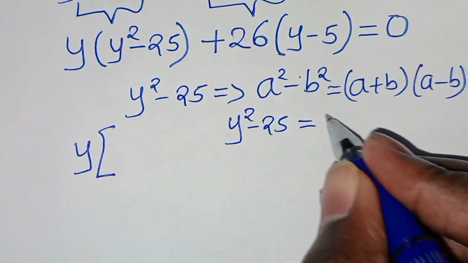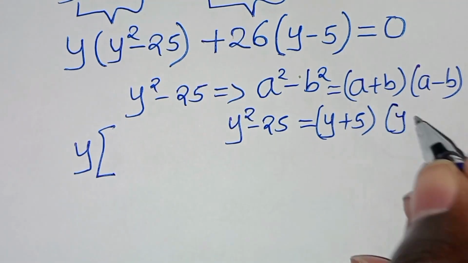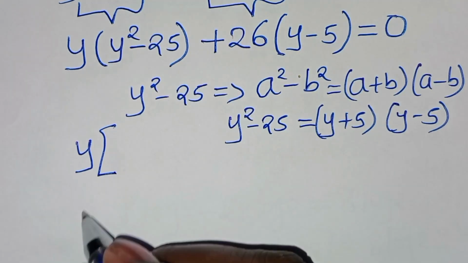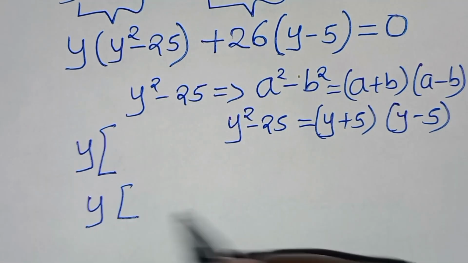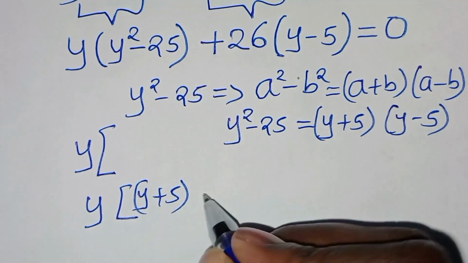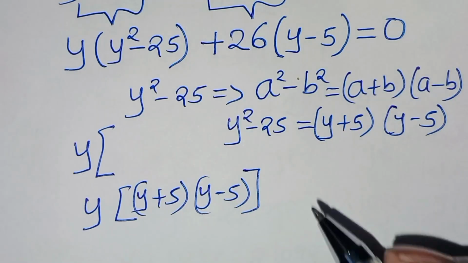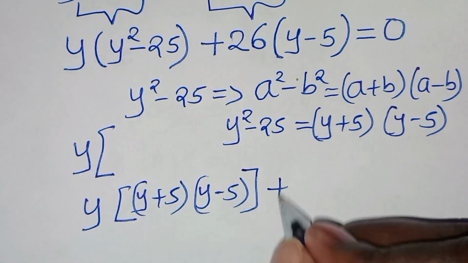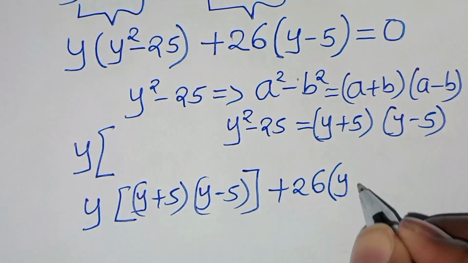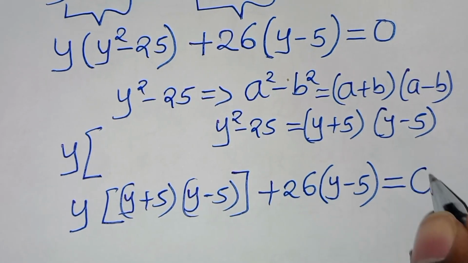This is the same thing as y plus 5, then y minus 5. Okay? Now, we have y into the parentheses, y plus 5, y minus 5. Close the bracket here, then plus 26 into the parentheses, y minus 5, close the bracket. This is equal to 0.